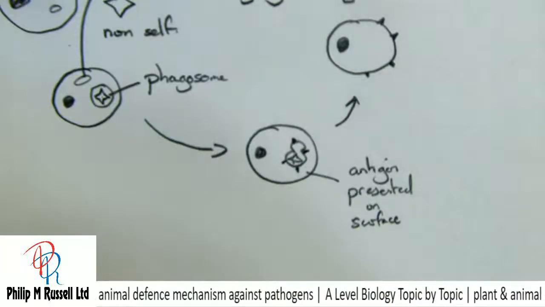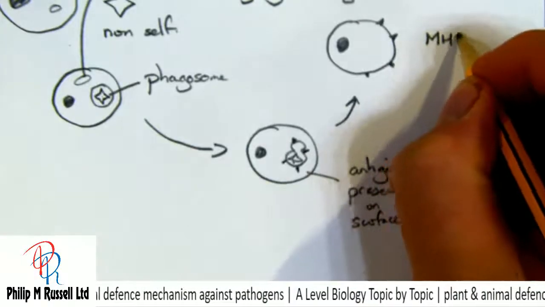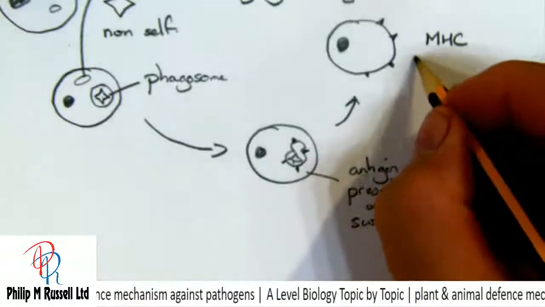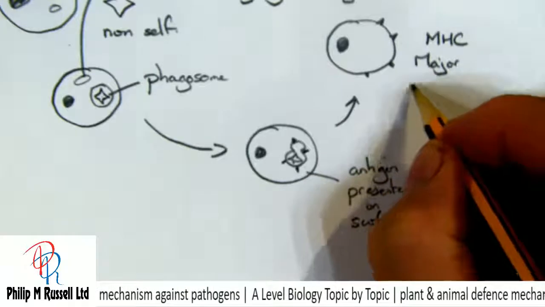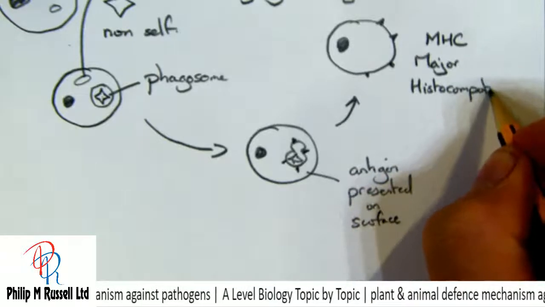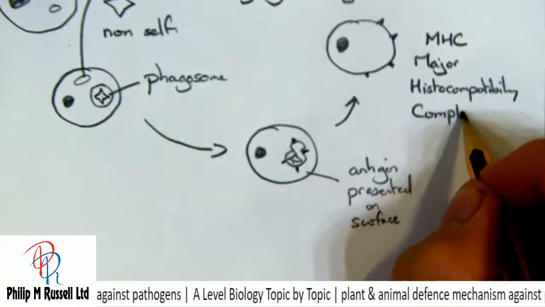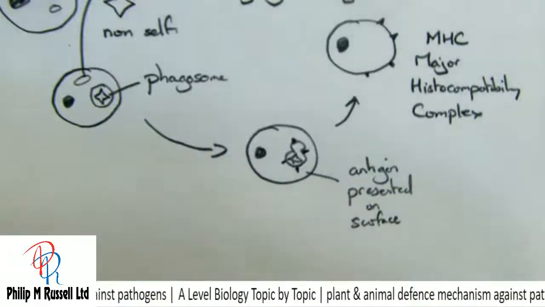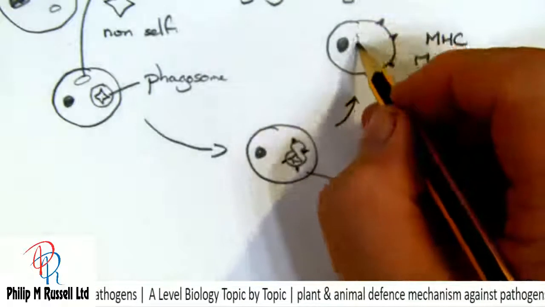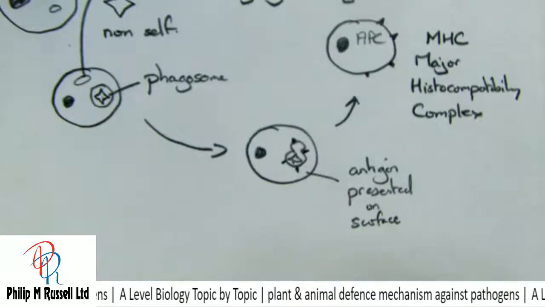The chemical here is actually called an MHC. This is a major histocompatibility complex. And this now becomes what we call an APC cell, an antigen presenting cell.